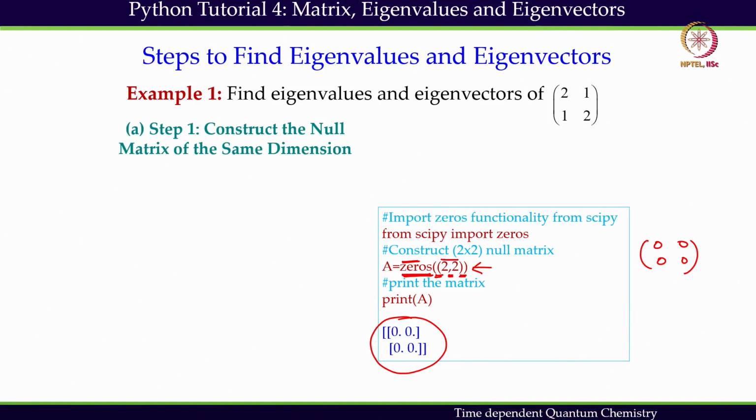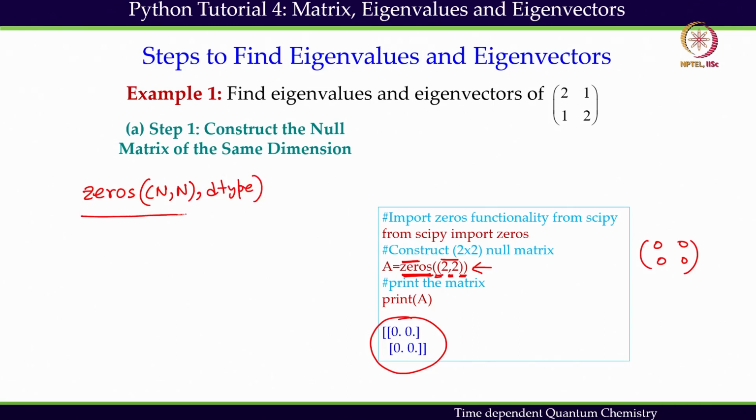An array data structure can be created using this built-in functionality of SciPy, and Python's module SciPy has several functionalities to define an array of any dimension. For example, these zeros, more specifically, the actual functionality is like this: zeros, then within brackets n comma n, then comma dtype, that is called data type.